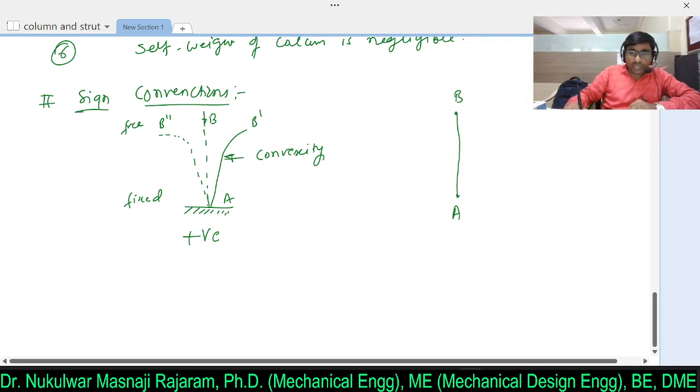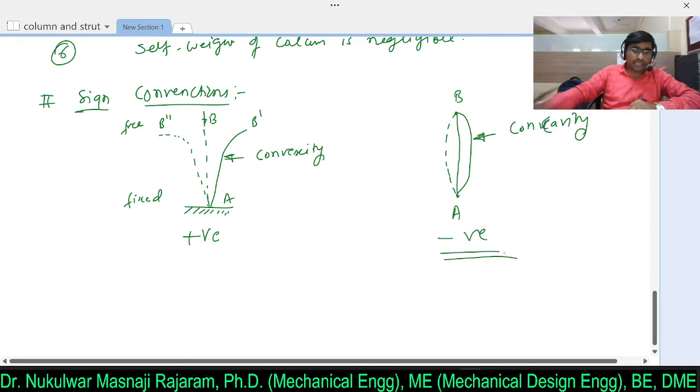So in this case, this column will bend in such fashion. Clear? Now either this or this. Clear? So this will become a concavity. Clear? So such a thing we consider as negative.